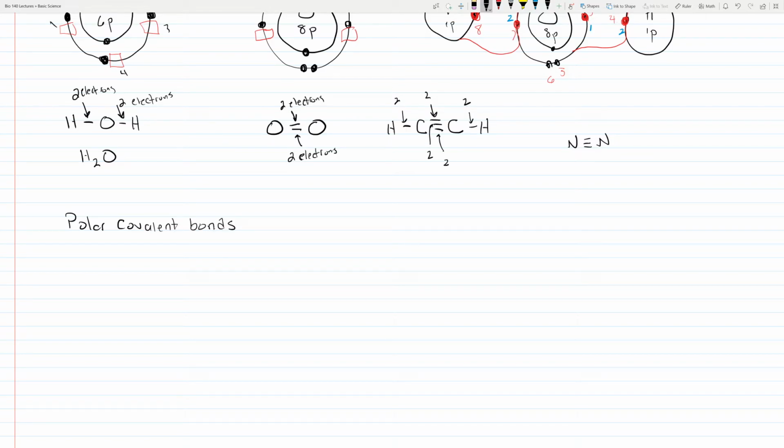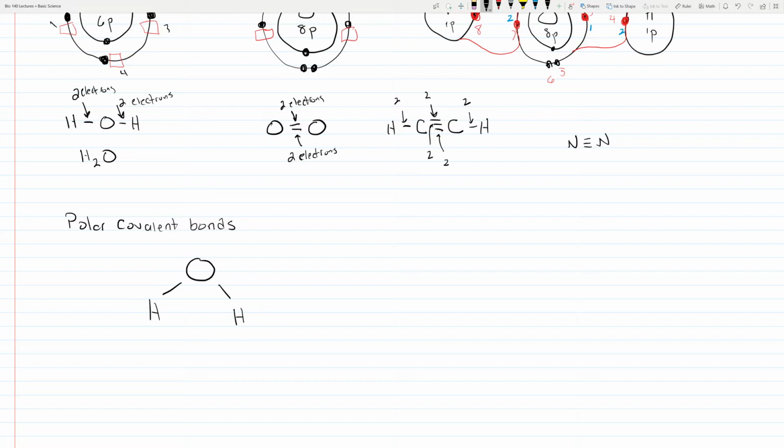Polar covalent bonds. Now, in the case of water, this is the actual important one. So if you look at oxygen, oxygen really likes electrons.